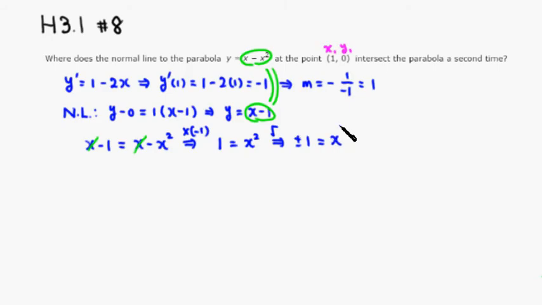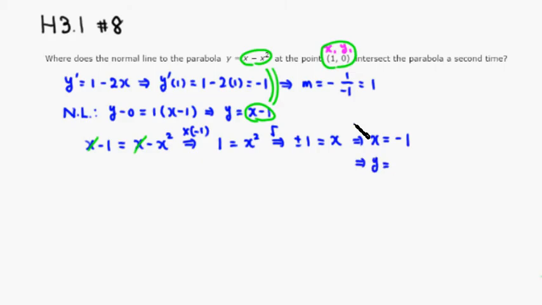We have two numbers, plus 1 and negative 1. Remember that plus 1 is this point right here, so we have to take the other one, x equals negative 1. Then you can use either equation, the parabola or the line, and plug the x value back in to get the y value.